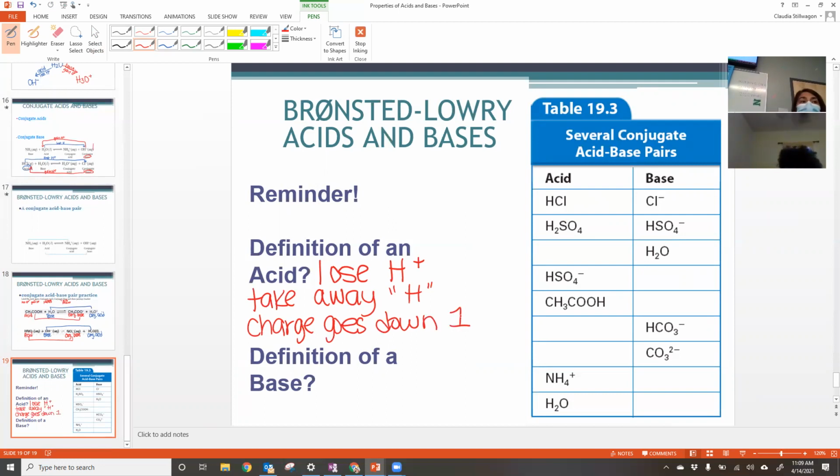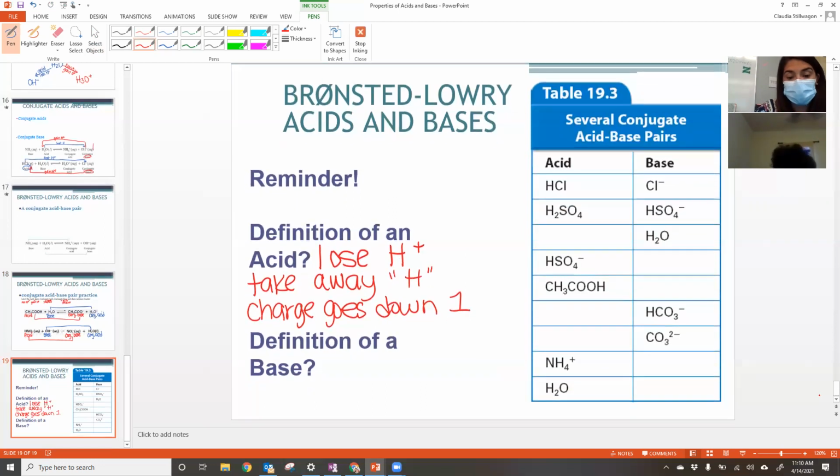Right, because hydrogen has a +1 charge. So every time you take away a hydrogen, you are taking away a positive thing. Whereas when we talk about a base, we said that they are going to gain a hydrogen ion.